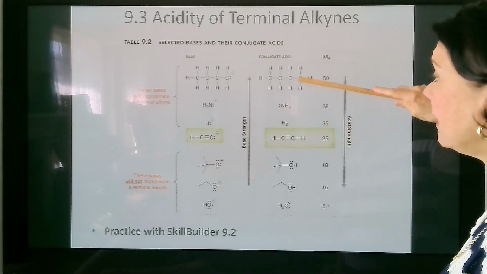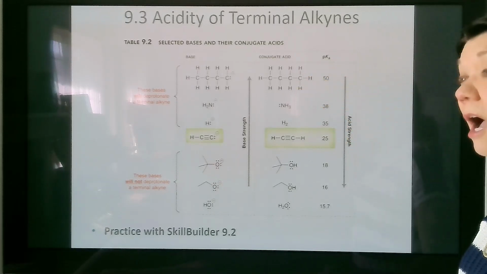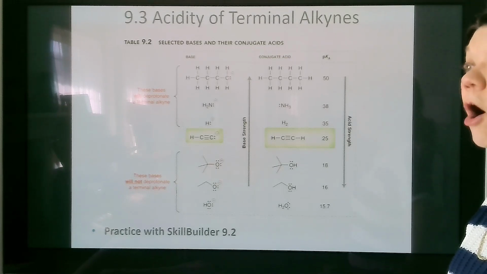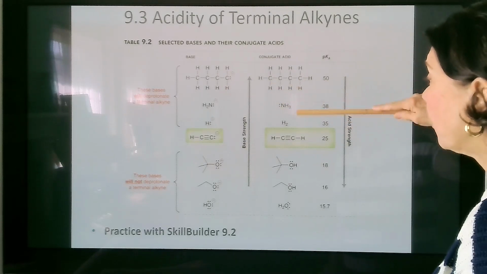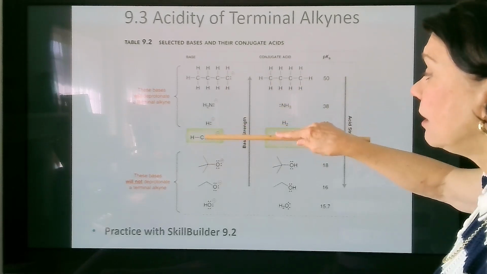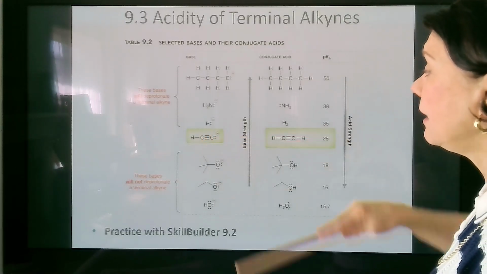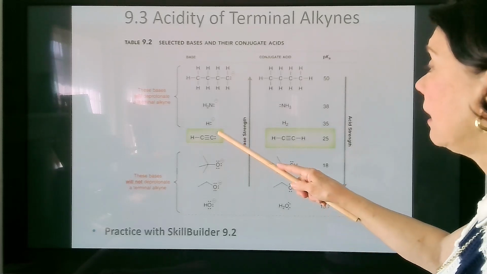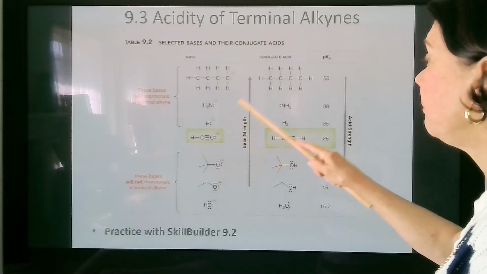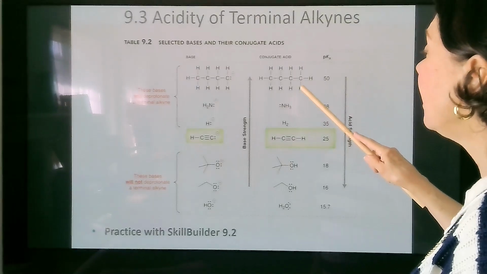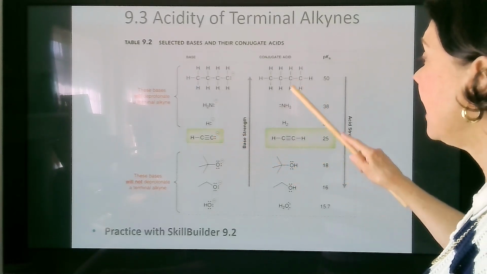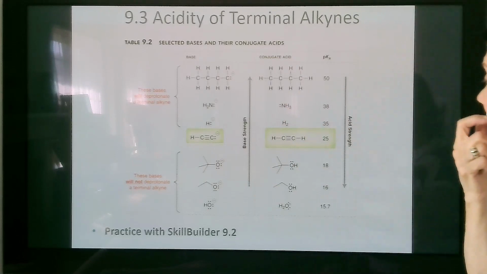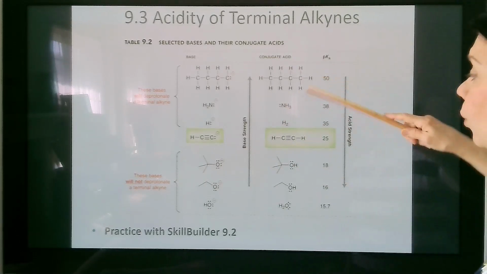Okay, and that's because these conjugate acids are not strong acids at all, and it is more stable for these bases to be protonated and lead to acetylide than for acetylide to protonate any of these. This would be going energetically uphill for acetylide to deprotonate any of these acids because they're such weak acids.